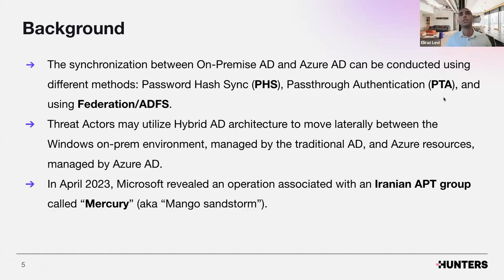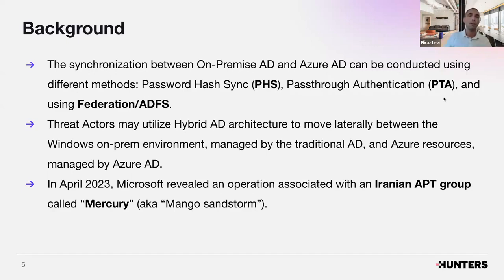First, with password hash sync, PHS, pass-through authentication, and federation services. Threat actors can use these types of architecture to move laterally from the on-prem environment to the cloud environment, get permission to the Azure AD, and by that, access to the Azure resources.